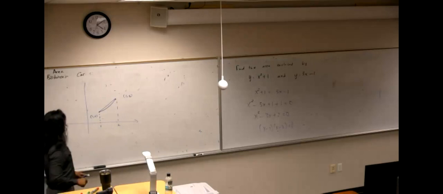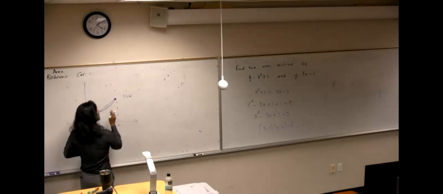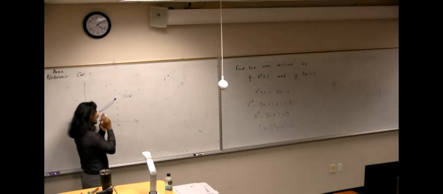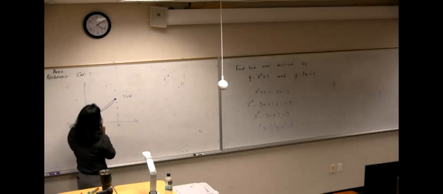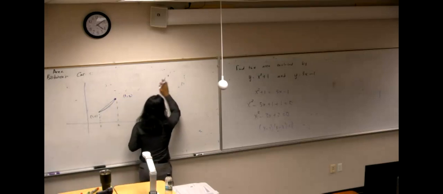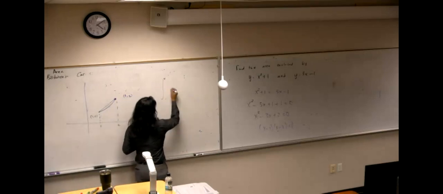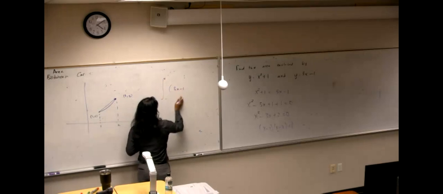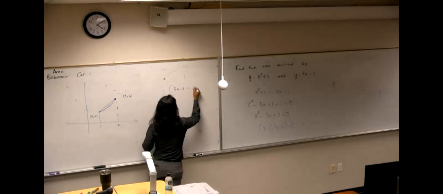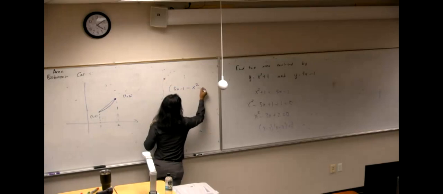Not old school, I like it this way. Do it this way, makes it really sharp. Okay, meant to write 2 over there. F of x minus g of x, so upper curve, 3x minus 1. Lower curve, minus x squared plus 1.